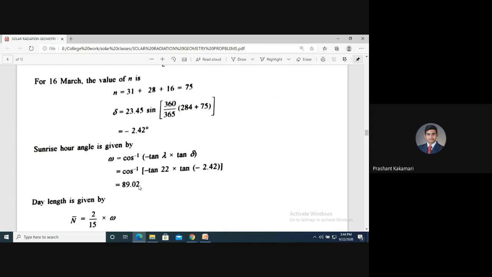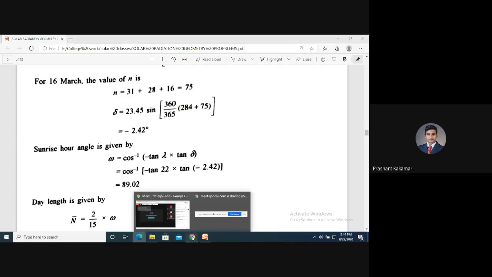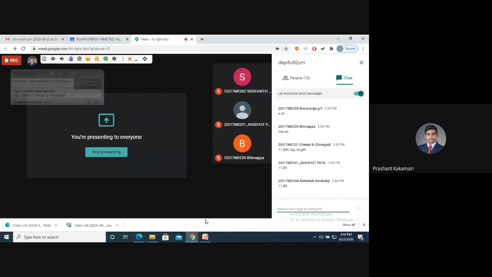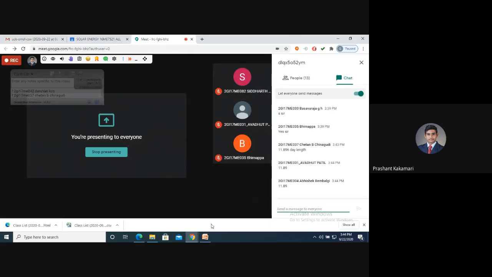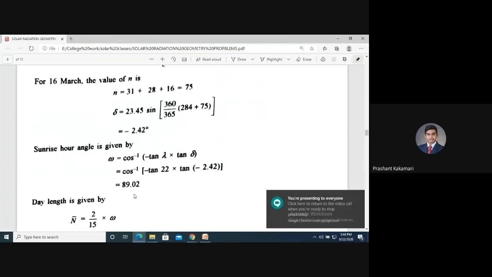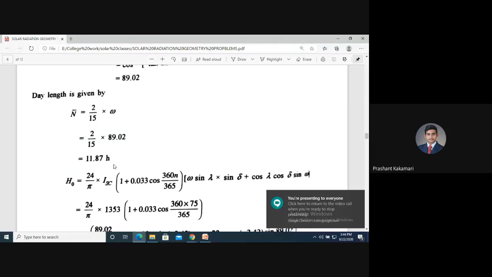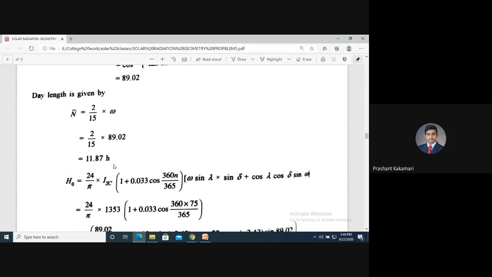That will give us the maximum sunshine hours for March 16. It is 11.896. Yes, 11.86 or 87 hours is the day length.